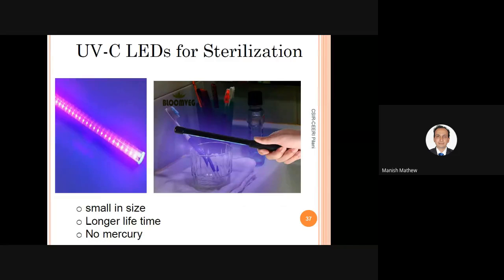Still we don't have a commercial big sanitizing system, but now we have a small sanitizing unit like this, where we have a small rod with arrays of UVC LEDs, which are used for disinfection. This is a small handheld UVC LED source where this person is trying to disinfect a toothbrush with the UVC light.